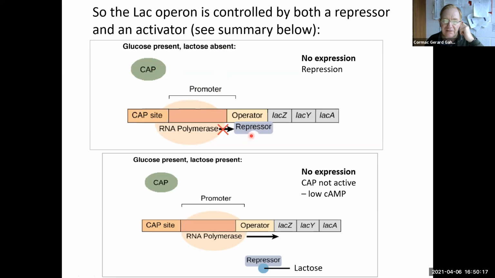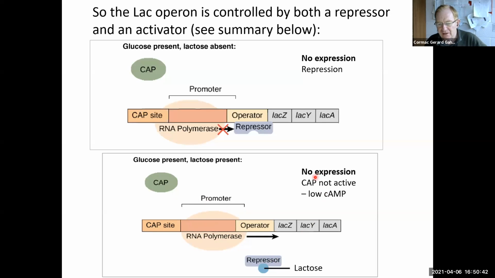Okay. Glucose is present, so you don't get cyclic AMP, so you don't get activation, but you also get repression because lactose is absent. What about when glucose is present and lactose is present? Here you get very little expression.